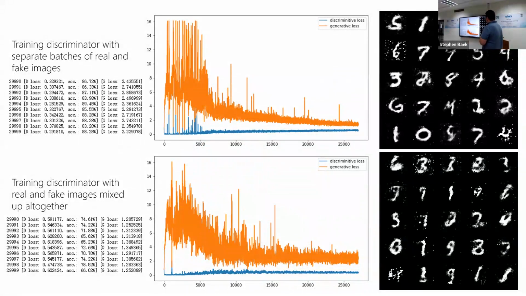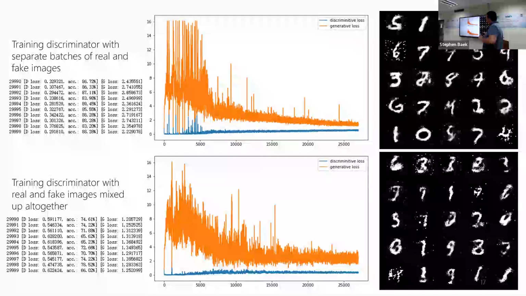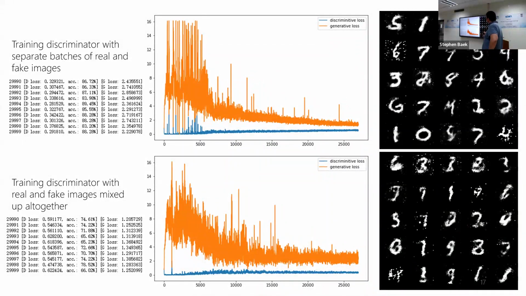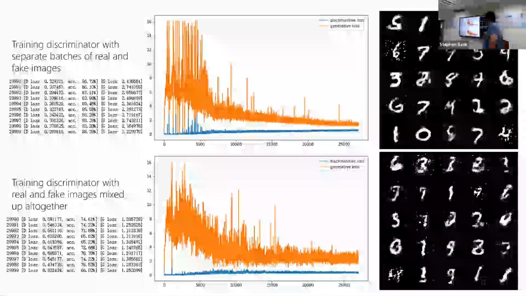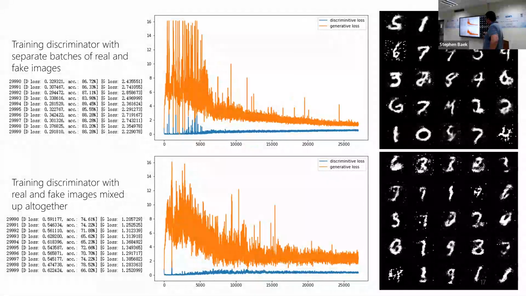So here's an example of training a GAN on handwritten digits. Here, the goal is to generate some fake handwritten digits, right? And then here we plot the loss of the generator, which is the orange curve, and the discriminator loss, which is the blue curve.